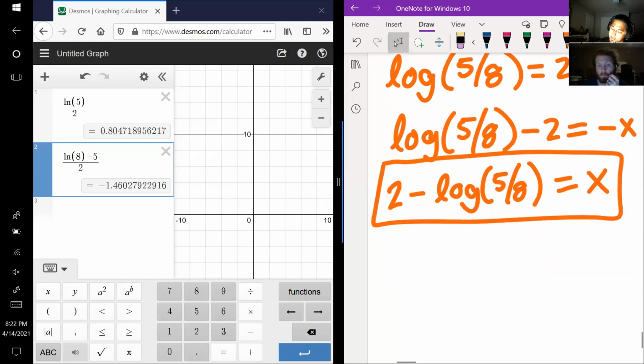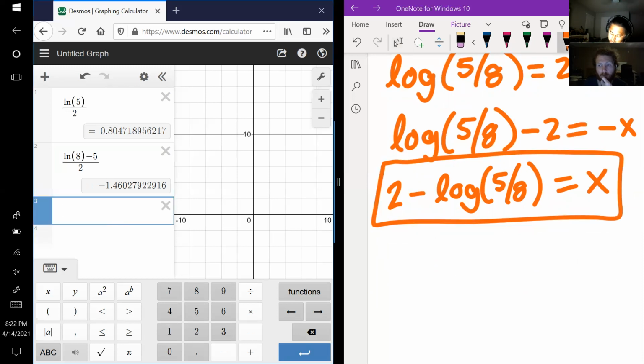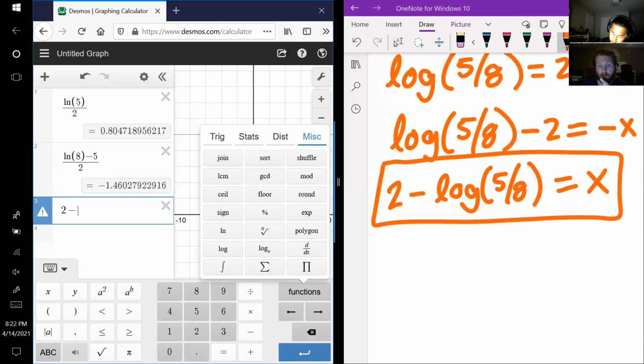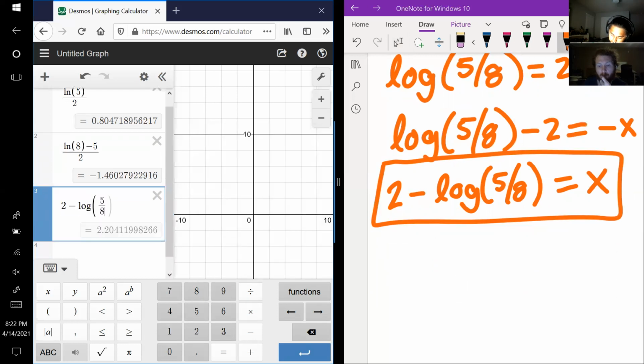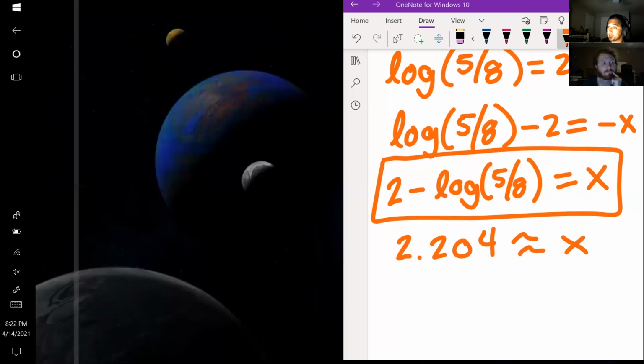Again, that is a fine answer, but if you need a decimal, type it in just like you see it. And we get 2.204 is approximately equal to x.